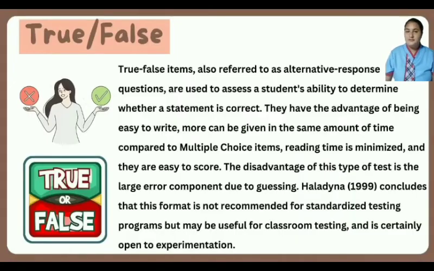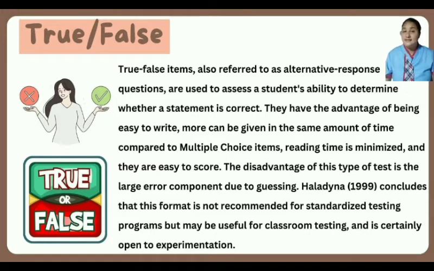True or false? True or false test items, also referred to as alternative response questions, are used to assess a student's ability to determine whether a statement is correct. True or false items have the advantage of being easy to write. More can be given in the same amount of time compared to multiple choice items.